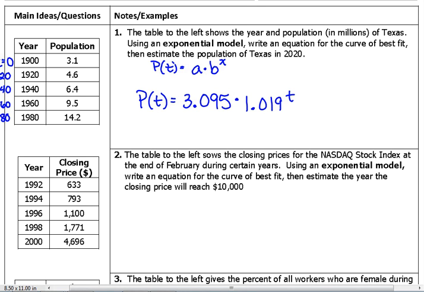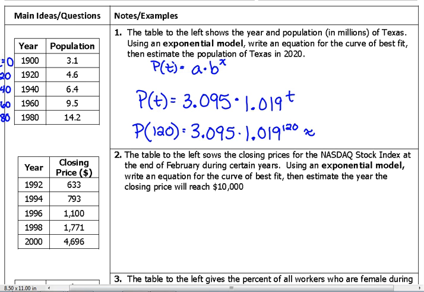Because I changed my t's. 1900 was 0, so if 1900 was 0, what is 2020 going to be? 120, right? It's been 120 years since 1900, in the year 2020. Whole bunch of 20s, right? Okay, so we're going to plug in 120 in for t.